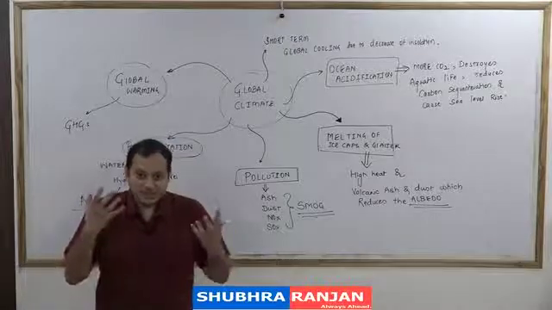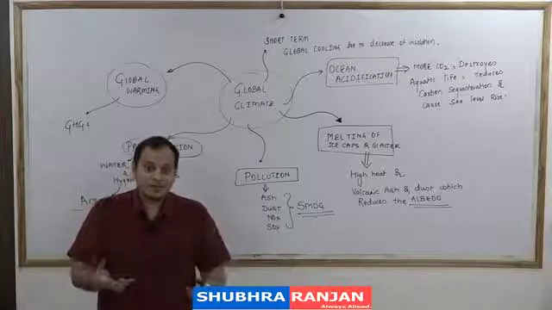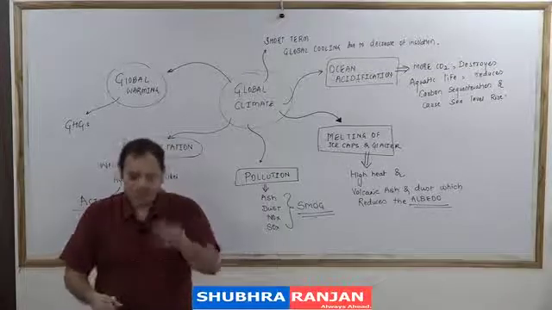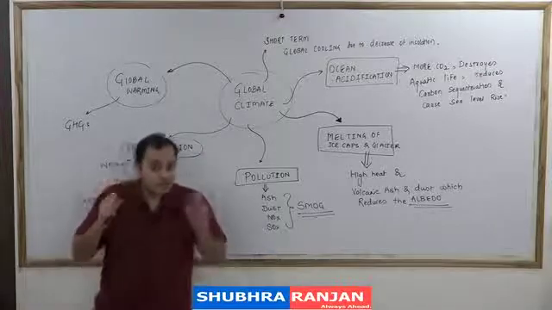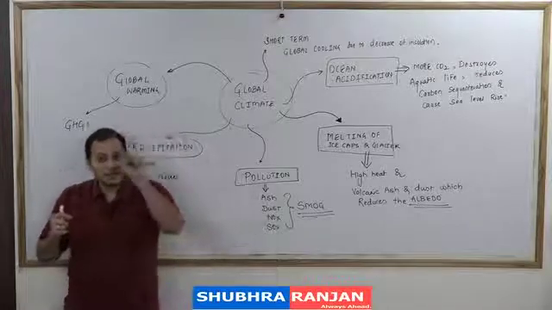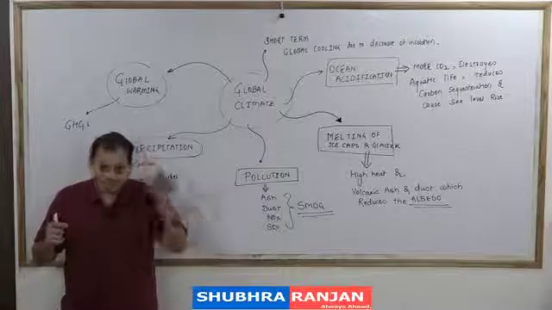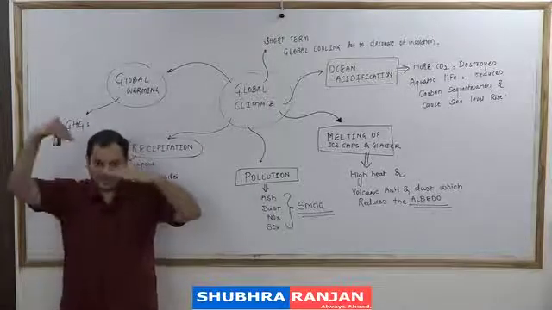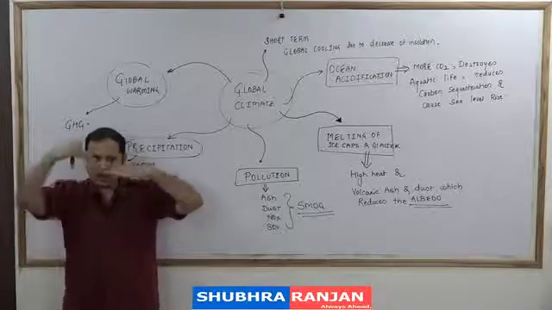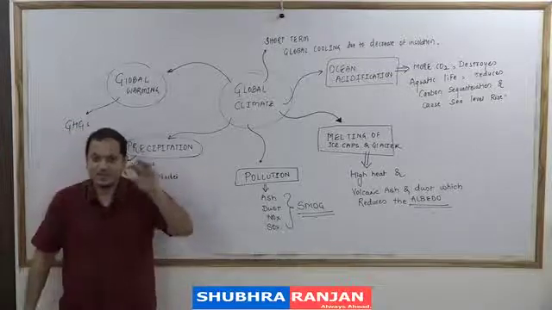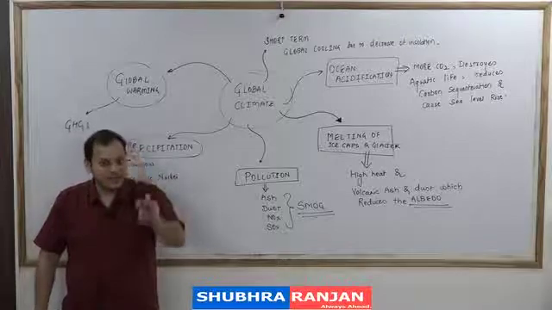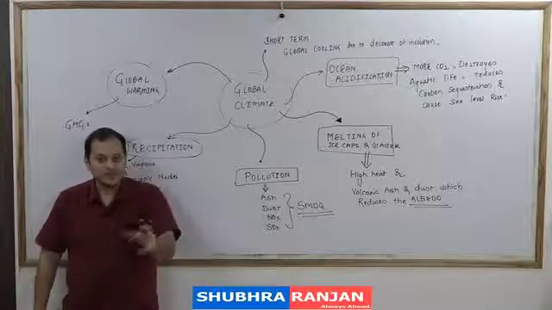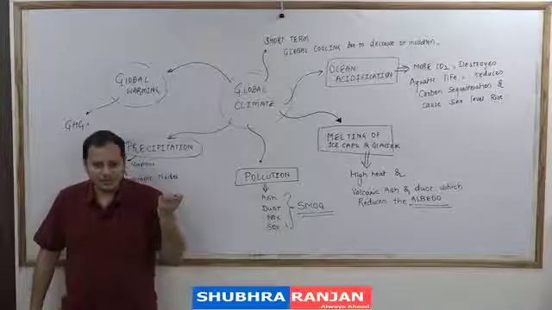So the entire ocean will become acidic. Carbon sequestration will decrease. Why? Because when the corals die, the zooxanthellae die, and the seaweeds die. All the green plants in the photic zone, because in the oceans green plants are not there deep down, only up to a depth of 200 meters, start dying. And when the green plants are dying, there is no photosynthesis. So if there is no photosynthesis, there is no capture of carbon dioxide.